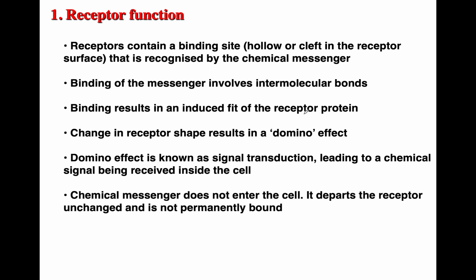Now when the signal transduction happens, it releases a signal that's received inside of the cell, and that message is going to cause different reactions within the cell. We've seen this with kinase receptors, with ion channels, and with other types of receptors.